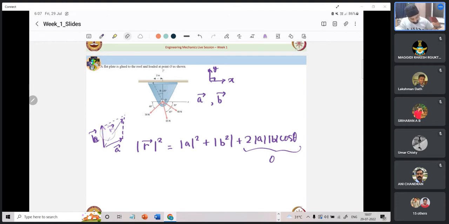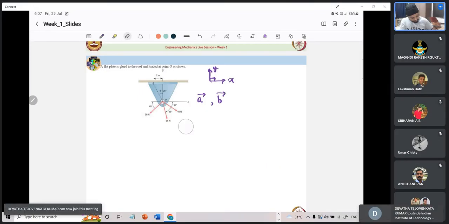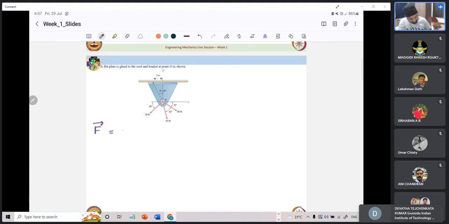Let us try to resolve this into its components and add up. Let F, the resultant vector, be represented by Fx i cap plus Fy j cap. In fact, if we have written i cap and j cap, we don't need the vector symbol here. So what would Fx be?